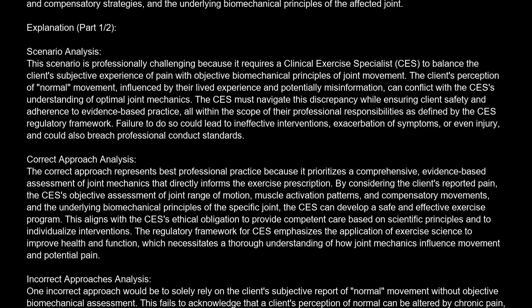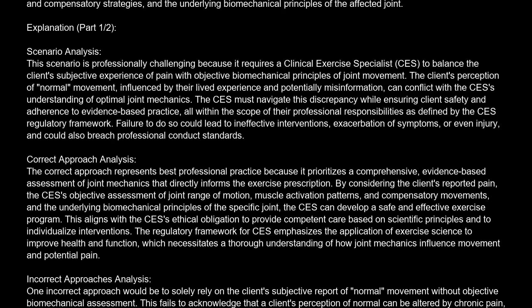Correct approach analysis. The correct approach represents best professional practice because it prioritizes a comprehensive, evidence-based assessment of joint mechanics that directly informs the exercise prescription. By considering the client's reported pain, the CES's objective assessment of joint range of motion, muscle activation patterns, and compensatory movements, and the underlying biomechanical principles of the specific joint, the CES can develop a safe and effective exercise program.